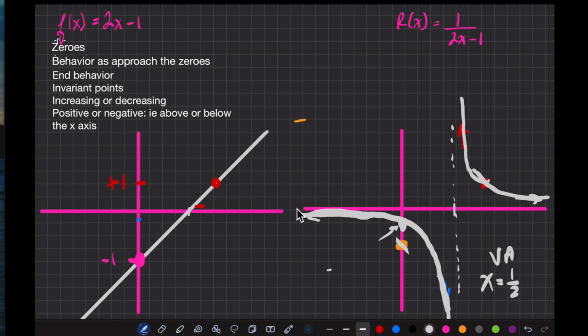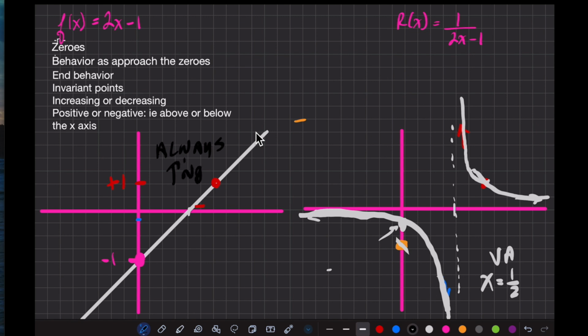As your mouse is moving this way, the x values are going this way, but we've got to stay on the graph. What are the y values doing as we're heading to the right on the x-axis? They're increasing. So this original graph is always increasing.